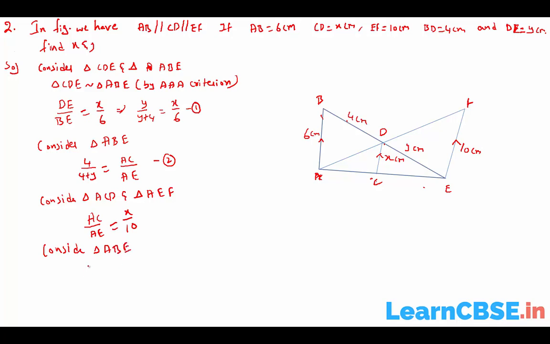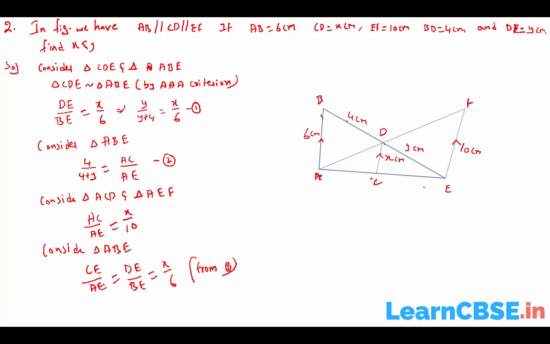I can write CE by AE equals to DE by BE, that equals x by 6 from 1. Observe this, DE by BE equals x by 6, that means CE by AE is also x by 6.